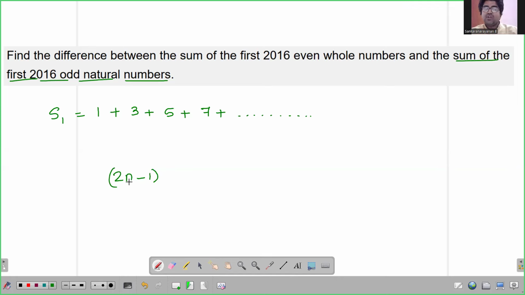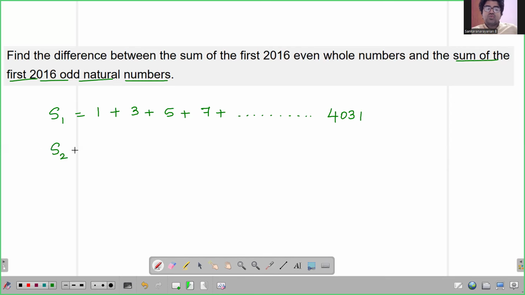When you put n equal to 3, 2 3s are 6, 6 minus 1 comes as 5. Like that, to find the 2016th odd natural number, it is 2 into 2016, which is 4032, minus 1, so the last number here will be 4031. You are adding all these numbers; that is what the total S1 corresponds to.